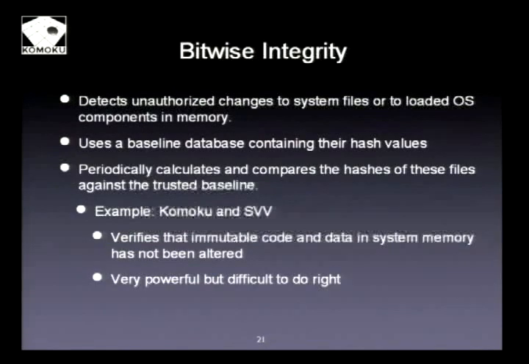There are two things that we're aware of that are doing bitwise integrity. Our product, Joanna's SVV, which she's released, is fairly well known. It's been used by a lot of people in the file system, like I said before. The really interesting thing about it is it's incredibly powerful, but it's also very, very difficult to do on a wide scale.